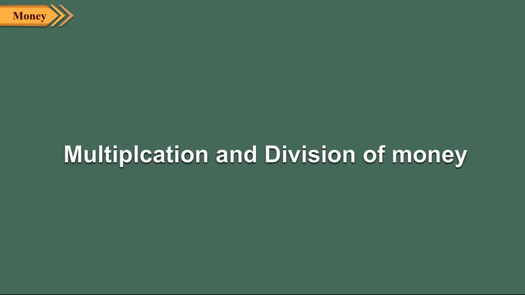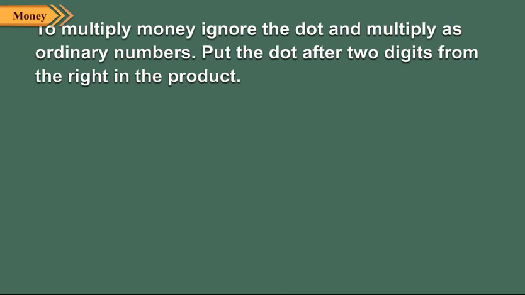Multiplication and division of money. To multiply money, ignore the dot and multiply as ordinary numbers. Put the dot after 2 digits from the right in the product. Let us multiply rupees 216.25 by 5.